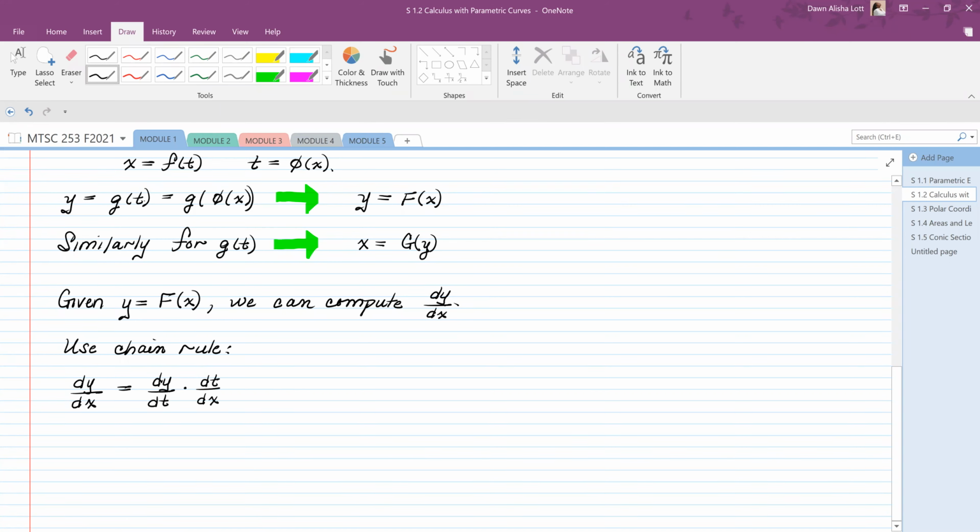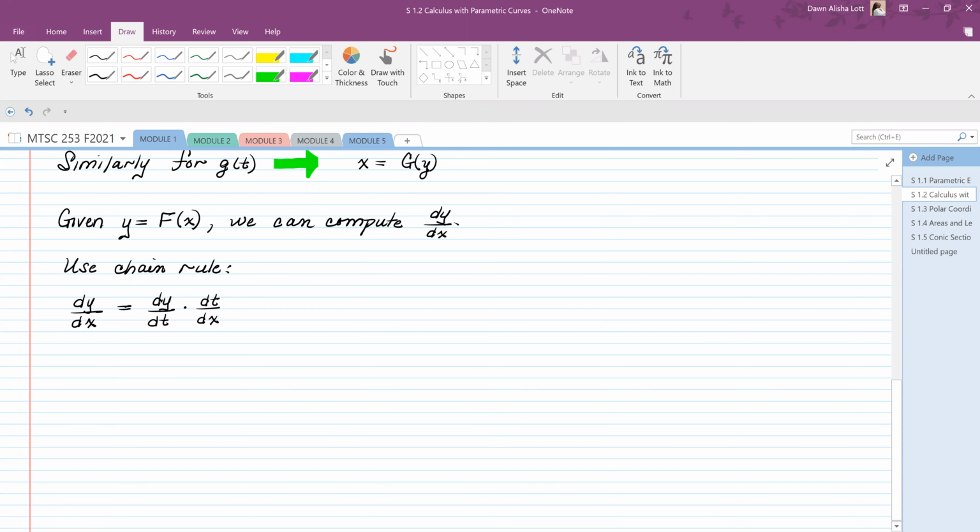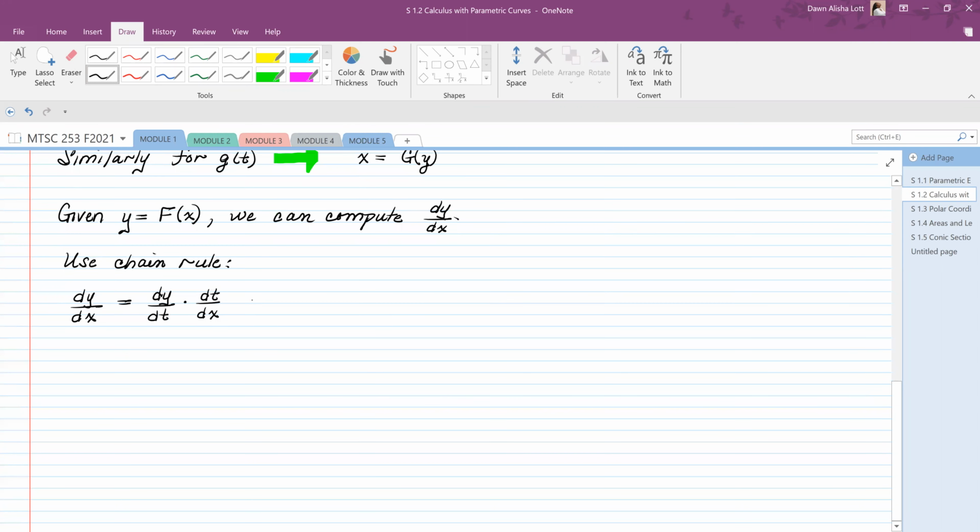Now remember, t was equal to phi of x, so we know that exists. So that's my chain rule. But this is the same as saying dy dt times 1 over dx dt.